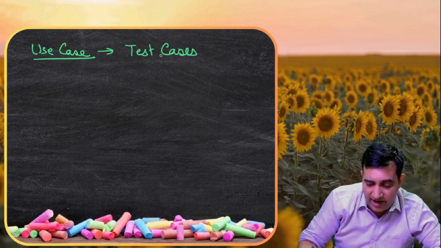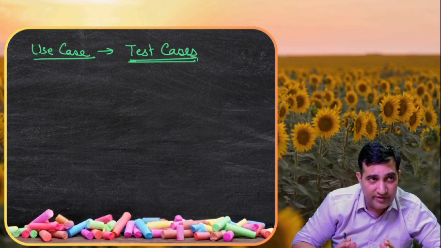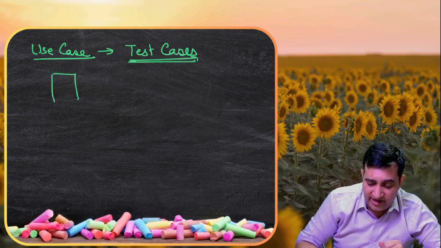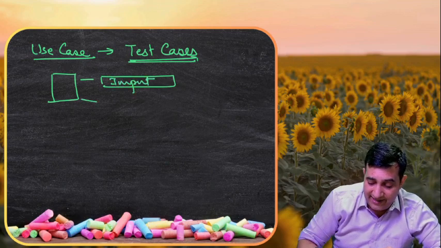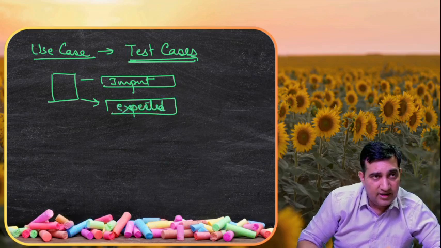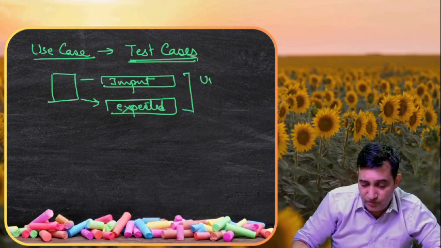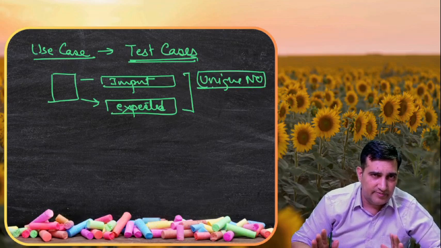So based on your hypothesis about a particular threat on a particular software, you create documentation which talks about, okay, once this particular module is ready, we are going to give it this kind of input, and this is the method in which we are going to provide the input, and this is the expected output from the software. Every test use case will also have a unique number. So the more test cases you have for a given environment, it is always better.